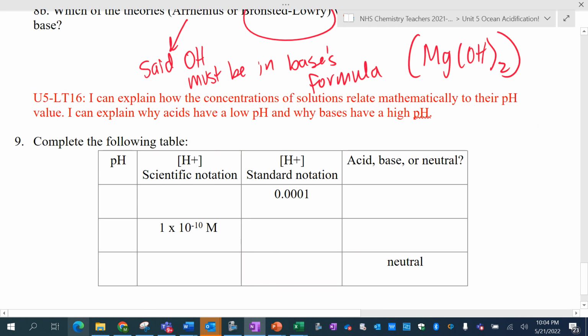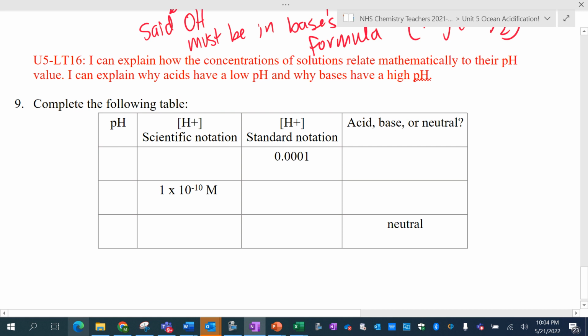All right, let's talk about pH. So if we've got standard notation 0.0001, and that's the hydrogen ion concentration, that's the same as 1 times 10 to the negative fourth, right? And if you're unfamiliar with scientific notation, we got to move the decimal back 4 places and add zeros.